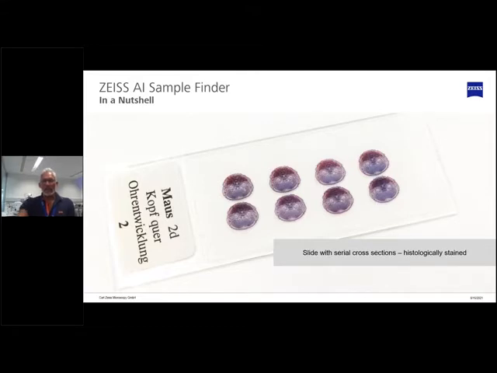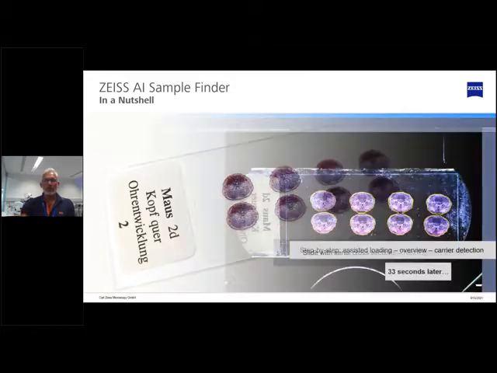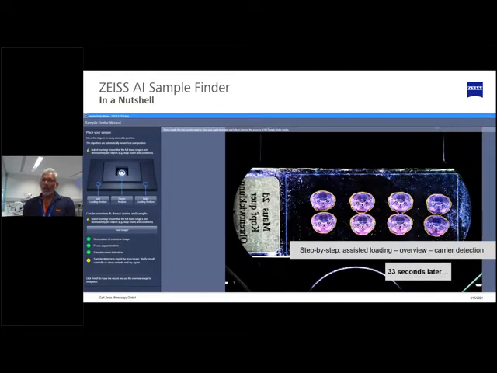Starting with a slide like this, which clearly shows some cross sections, I might have used the loading assistant with one of the clicks at the very top of this wizard, and then it starts automatically doing this overview image, getting the sample very close in focus, starting carrier detection, sample detection, and some 30 seconds later, I'm already at this point.